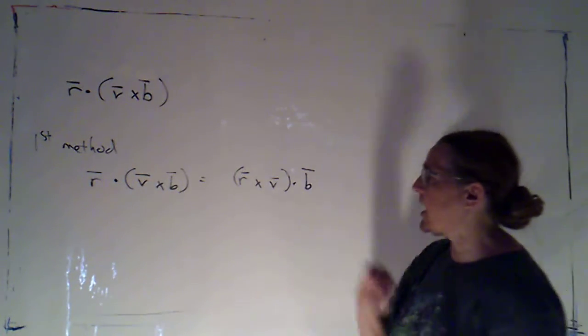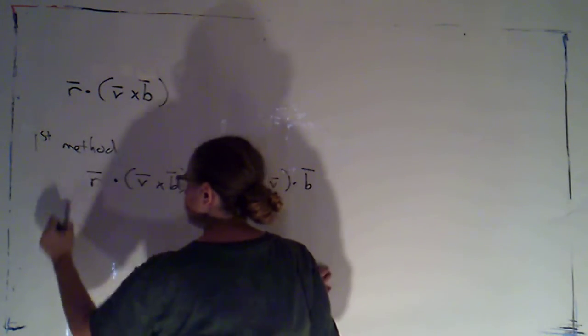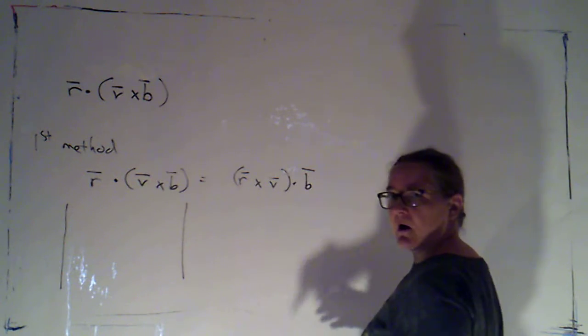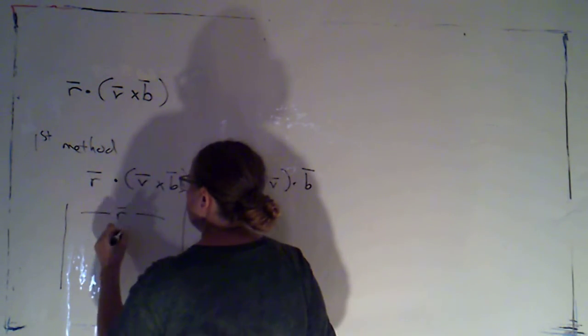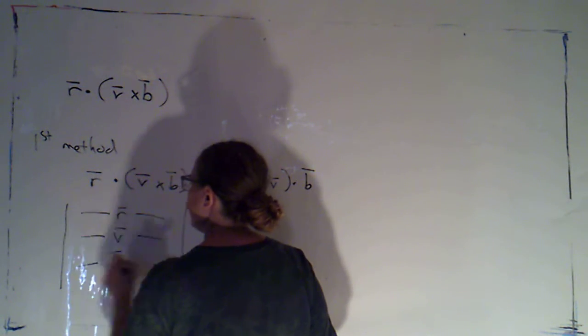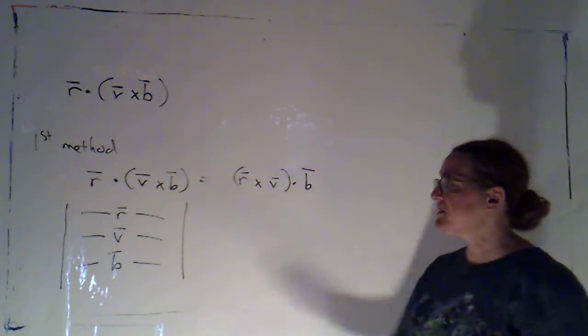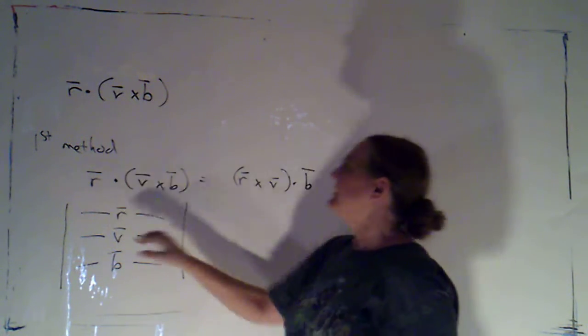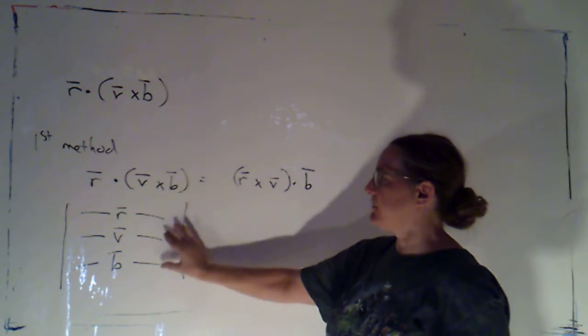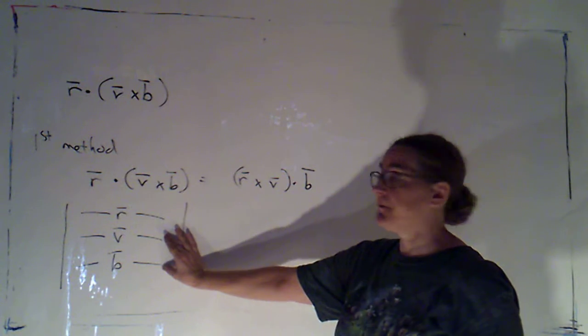So let me explain why this is the case. This is a scalar triple product. And remember, I could think of the scalar triple product as just being the determinant of the matrix that would have R, V, and B as its rows in that order. The vector I'm dotting, then the two vectors that I'm crossing in the order in which they appear.